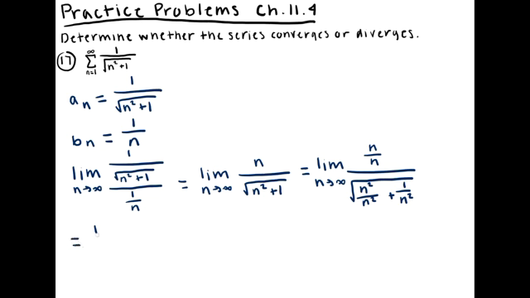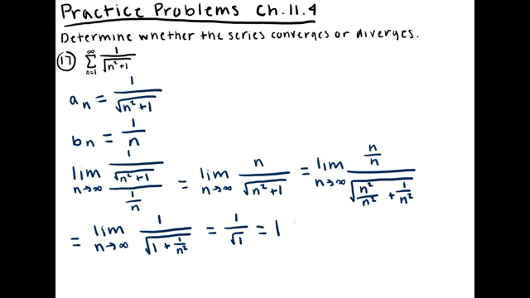And this will equal the limit as n goes to infinity of 1 over the square root of 1 plus 1 over n squared. So then this will equal 1 over the square root of 1, which equals 1.